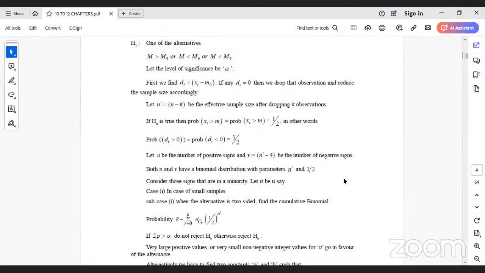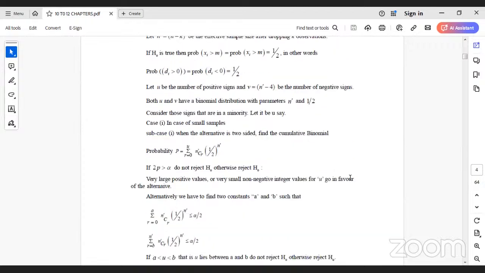When the alternative is two-sided, we can write p as the summation of r from 0 to u of n dash C r times (1/2) to the power n dash. In the sign test, if 2p is greater than alpha, do not reject H0; otherwise we reject H0.